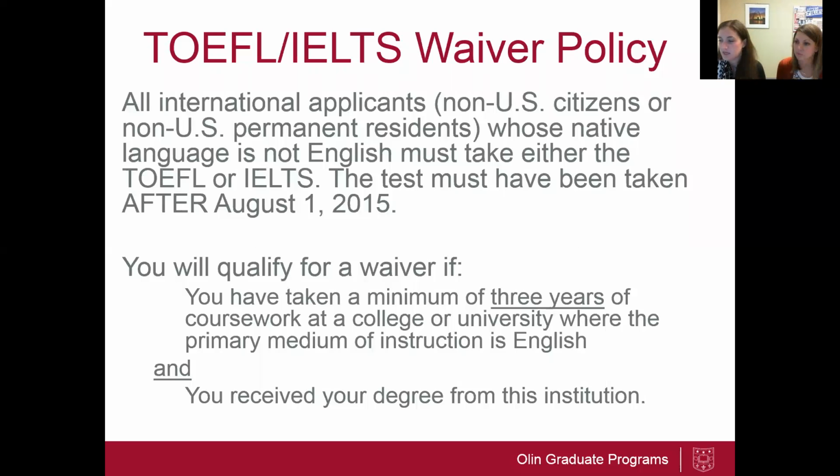Telling us that you've received your degree and that it was in English is most likely shown on your transcript. So it is likely that your transcript will mention the degree or the medium of instruction. So just make sure that that's listed on your transcript. And additionally, it will be easy for us to figure out if you attended that school for more than 3 years because you'll be submitting your transcripts to include your grades as well.